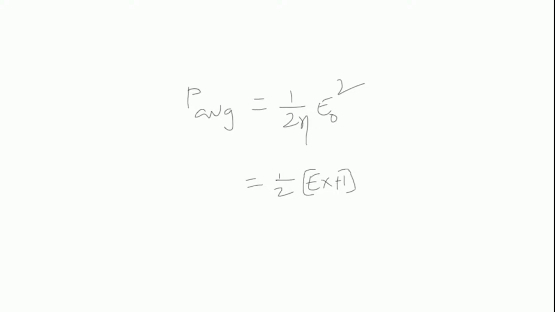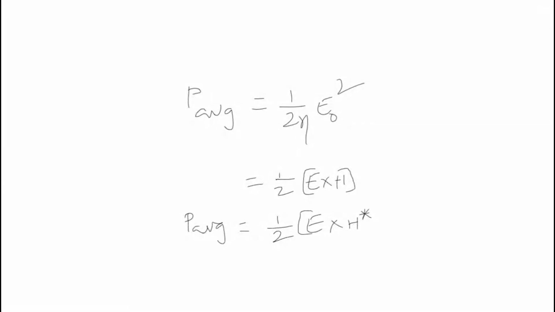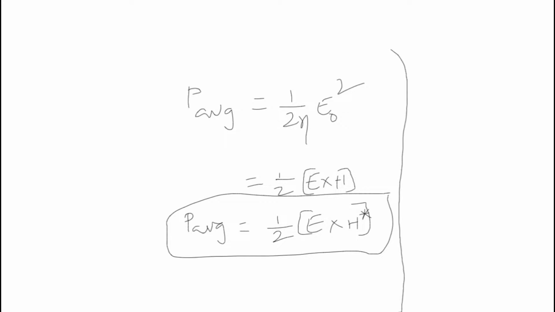If they are in the complex form, we can write this as 1 by 2 E cross H conjugate. This is the expression for the P average. By using this P average value, we can determine the average power radiated from the given surface.